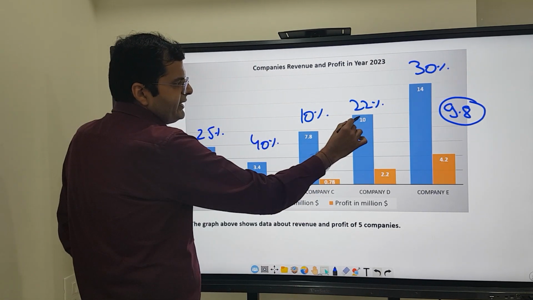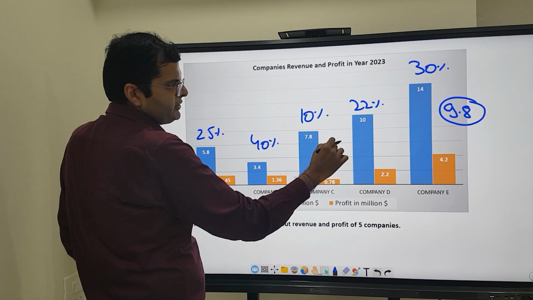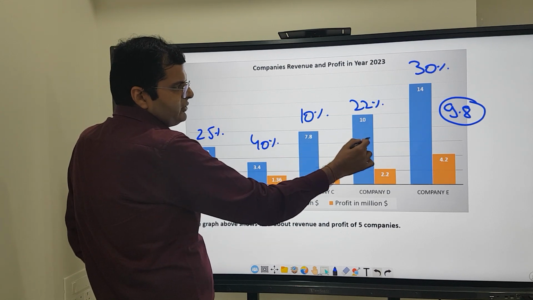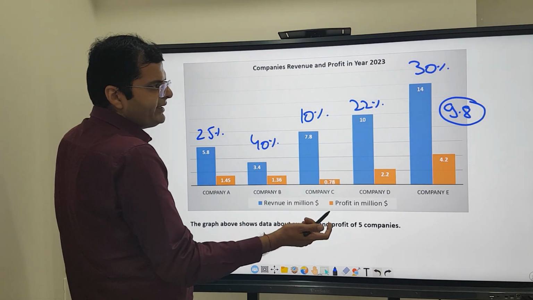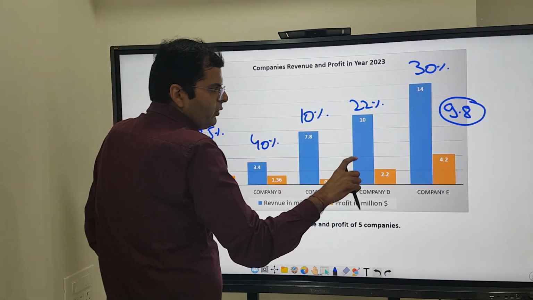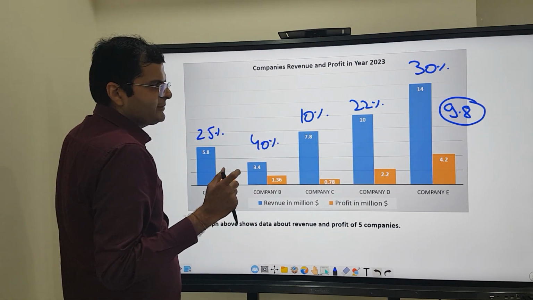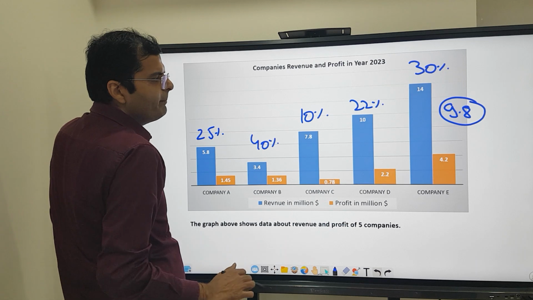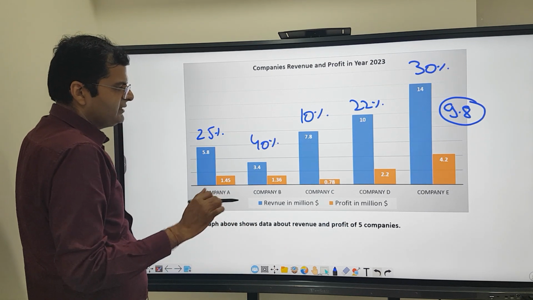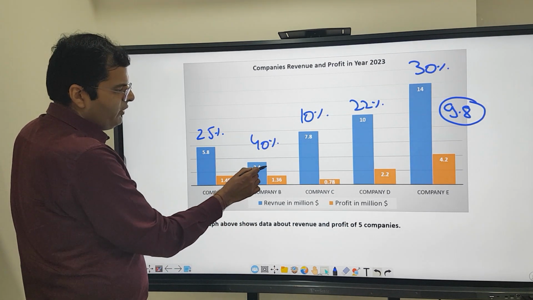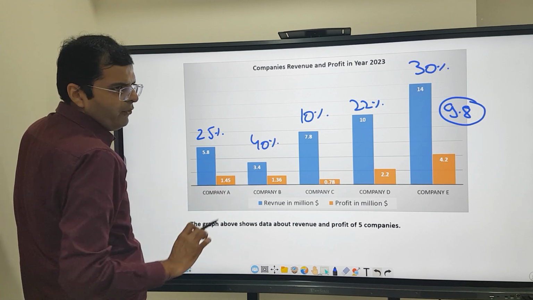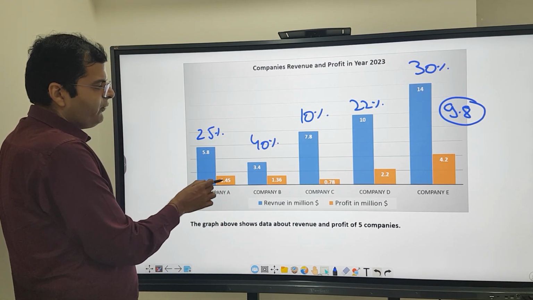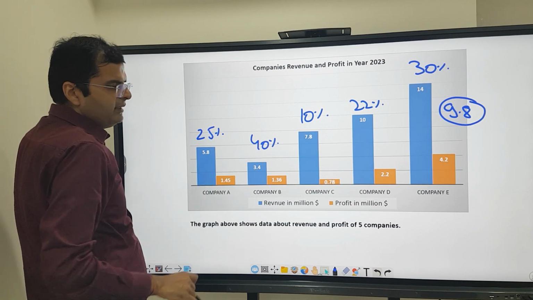Here the expense is 10 minus 2.2. 10 minus 2 is 8, 8 minus 0.2 is 7.8. I am looking for the highest expense and the lowest expense. So 9.8 should be the highest expense. None of them can go beyond 9.8. Now the lowest expense will be this one, 3.4 minus 1.36, because 5.8 minus 1.45 will also be greater than this.